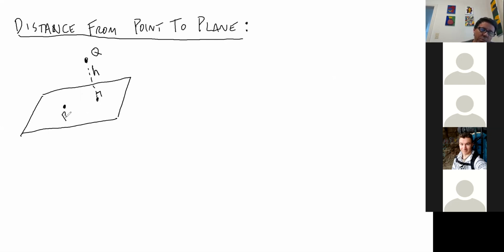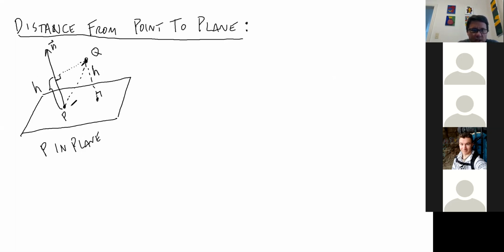If we take any point P in the plane, and we put the normal vector there, I'm going to make it slightly long, it might be longer than it really is. If I took PQ and took the shadow of that vector onto N, it turns out that this length is exactly the same as this length over here.